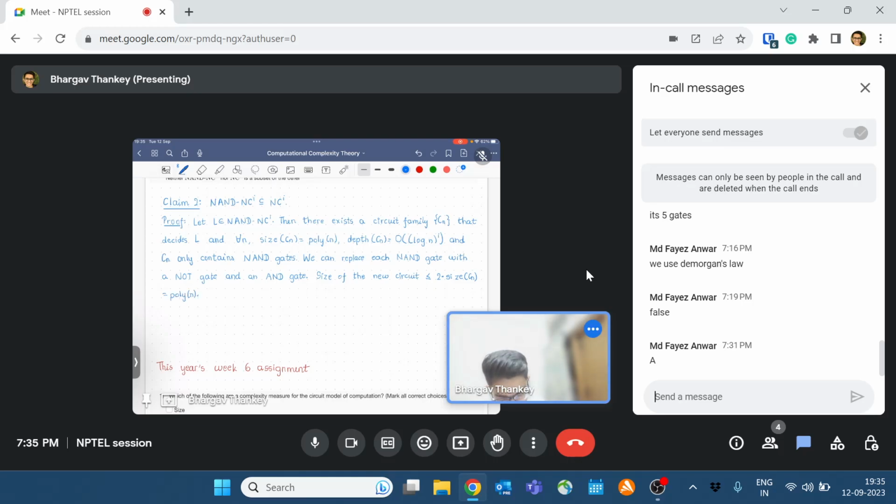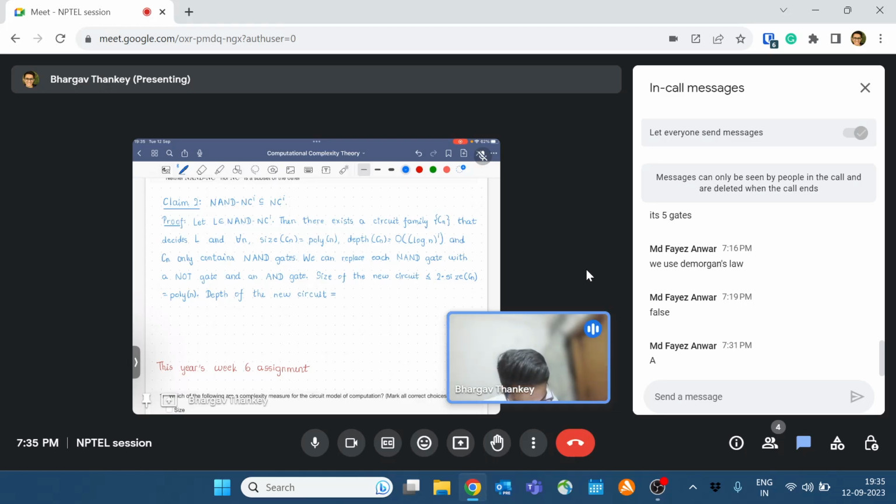And what is the depth? Again, I had a NAND gate, and I'm replacing it with an AND gate and a NOT gate.